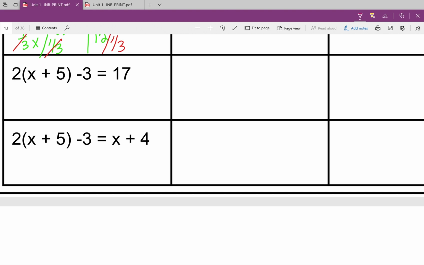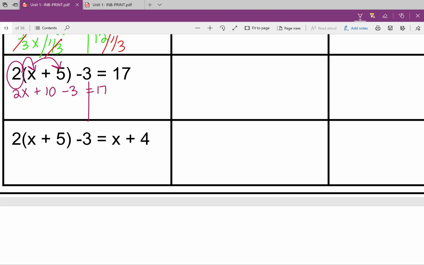Okay, notice here we have parentheses. Remember in PEMDAS we do parentheses first. If we have a number outside of the parentheses, we need to distribute, which means multiply. So we have 2 times x, which is 2x, plus 2 times 5, which is 10, minus 3 equals 17.